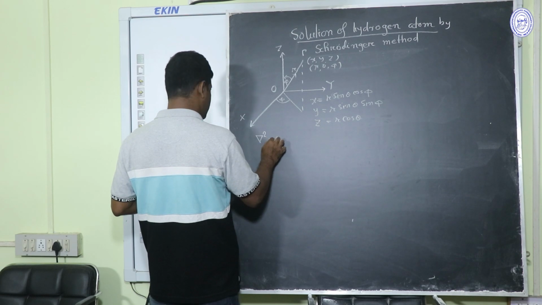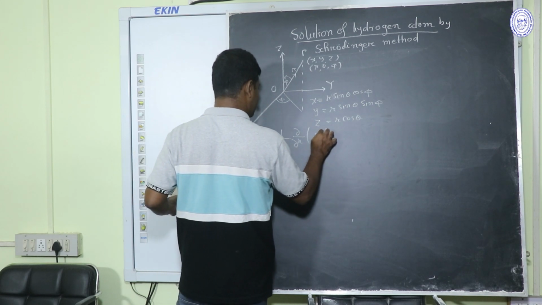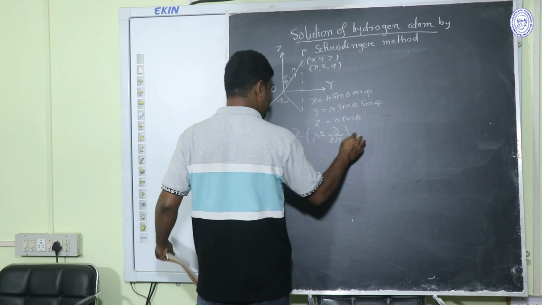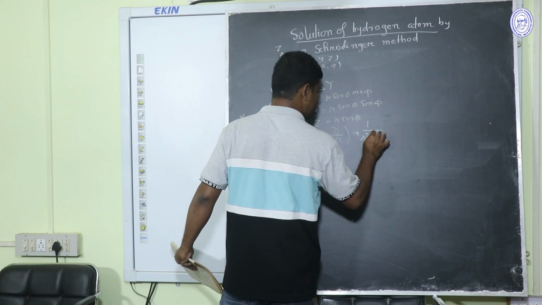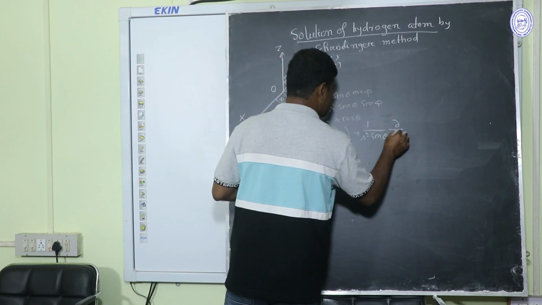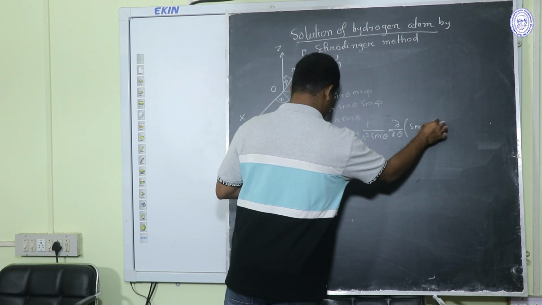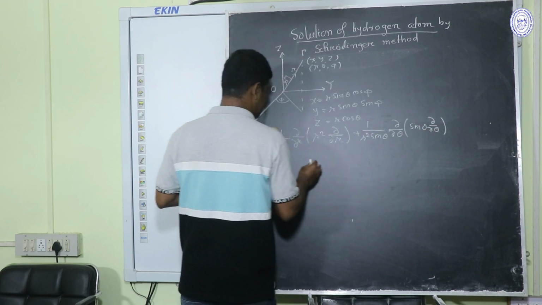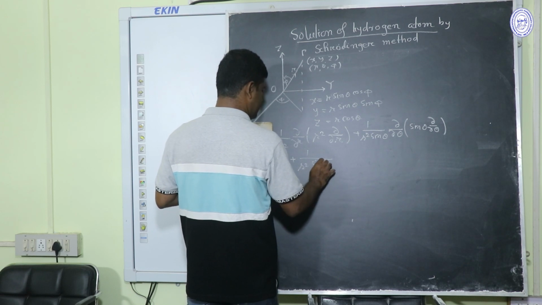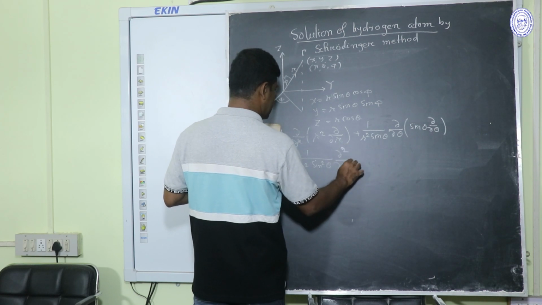The Laplacian operator is equal to 1 by r square del by del r of r square del by del r, plus 1 by r square sin theta del by del theta of sin theta del by del theta, plus 1 by r square sin square theta del 2 by del phi 2.